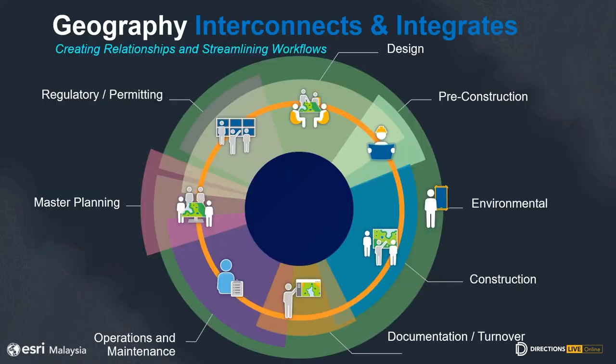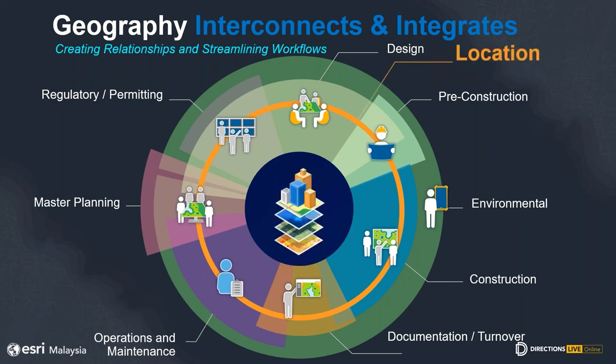The challenges we have discussed are not unique to the built environment, but are actually common across many sectors. However, one thing that we have consistently seen through our work with clients is that location serves as the unifying element that connects and integrates all data on a common platform. This enables data to be referenced, analyzed spatially, and visualized effectively.